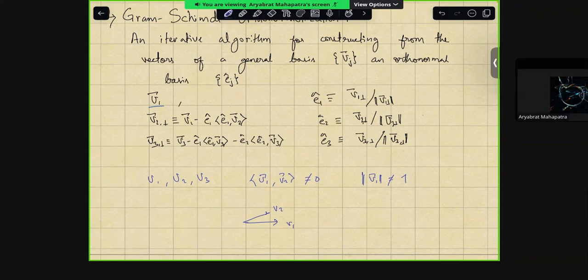If this is your v2, then you can project out the v1 vector, or basically resolve this vector. So this is v1 perpendicular, and this is v1 parallel.